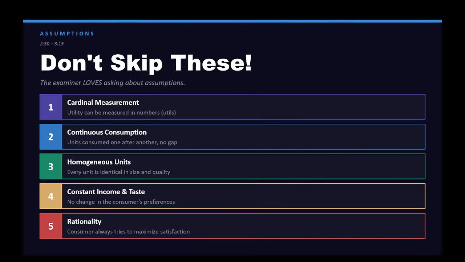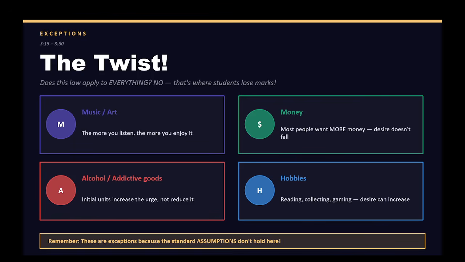And homogeneous good, it should be the same category, identical goods in size as well as quantity, like tea only, coffee only, pizza slice, etc. Constant income and taste: there is no change in the consumer's preference. They want to have that Coke itself. And rationality: the consumer always tries to maximize satisfaction.